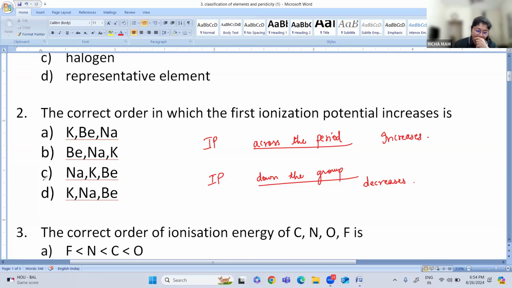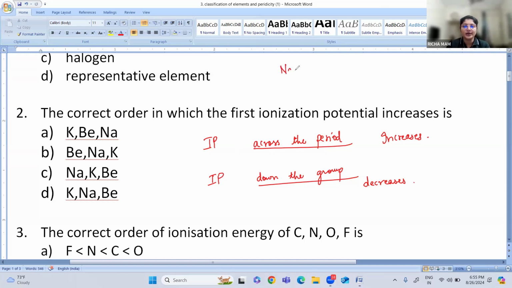Now, when we see the placement of these elements, how are they arranged? Try to answer, a very simple question. If you have a periodic table, please open it and see where the elements are placed.